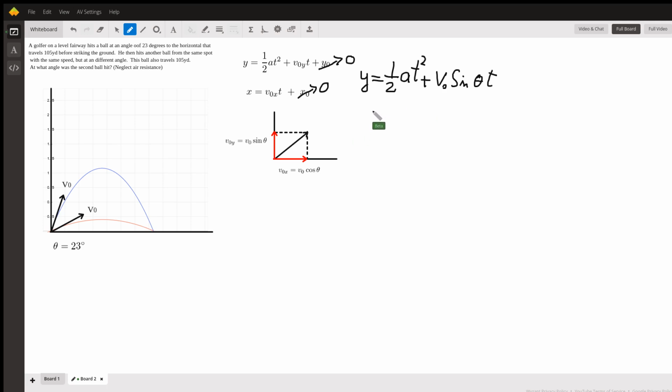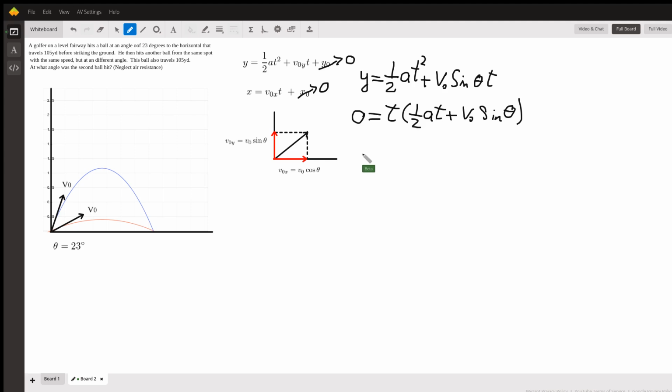So if I solve for the time that the ball is in the air when the final position is 0, basically I'm trying to see how long it takes for the ball to go from here to there. So when the final position is 0, we put 0. And solving for time, I'm going to factor out a t, so that gives us (1/2 a t plus v naught sine theta), and so the parenthesis has to be equal to 0.